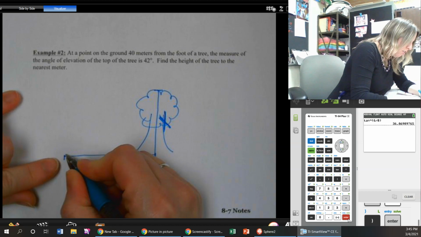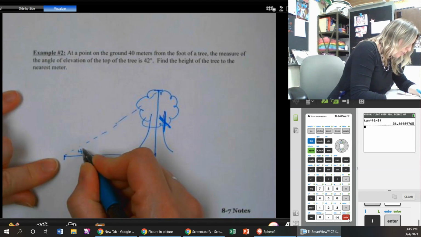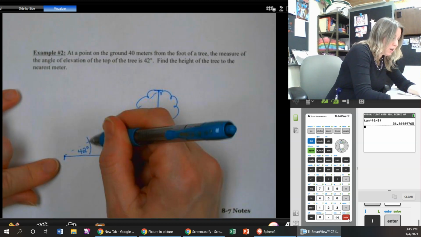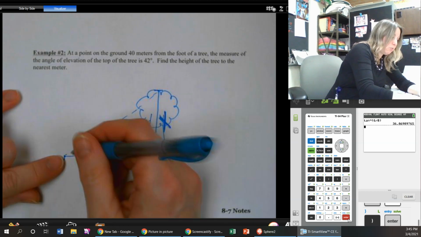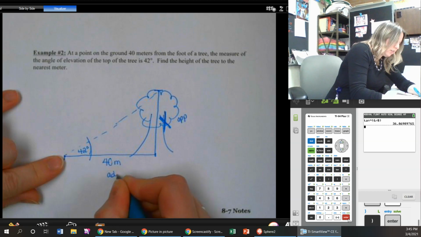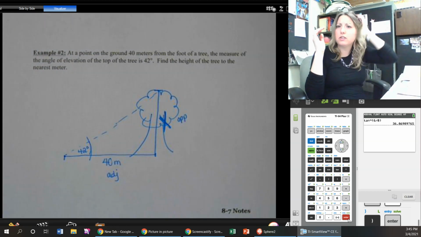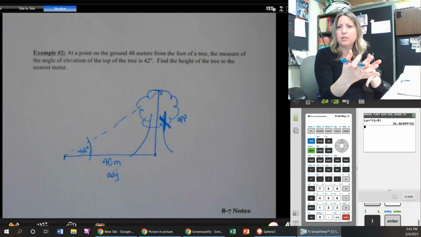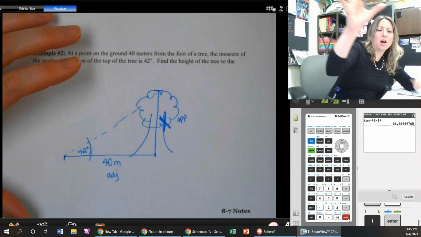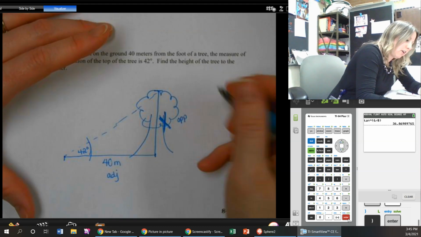Because this angle of elevation to the top of the tree is 42 degrees right here. So we know the angle measure, and we want to know the opposite side, but we also know the adjacent side. Opposite and adjacent, tangent. And actually, by the way, I have noticed that tangent seems to be the one we use a lot in these scenarios. Not every time, but a lot, because we're talking about the opposite and adjacent and not necessarily the hypotenuse, right?